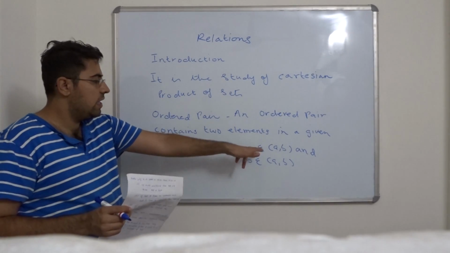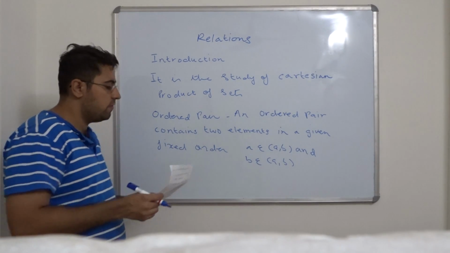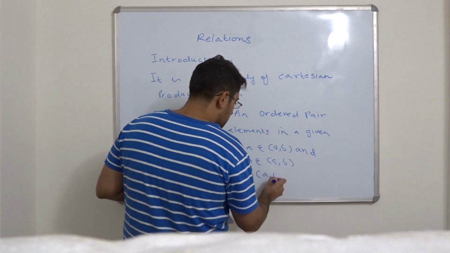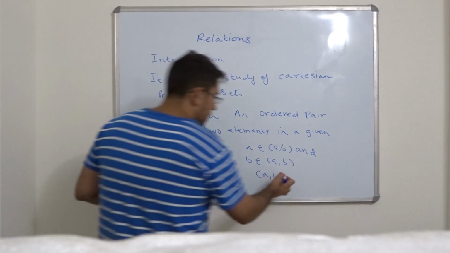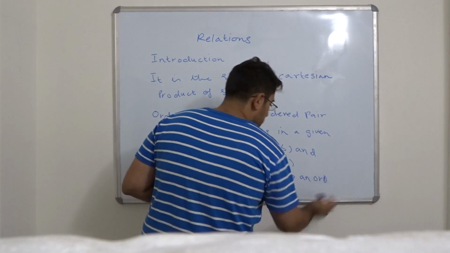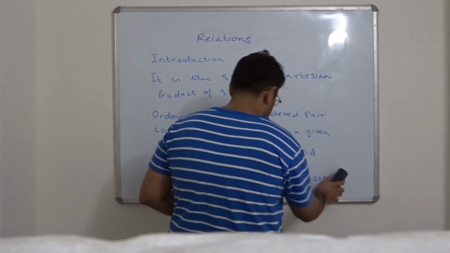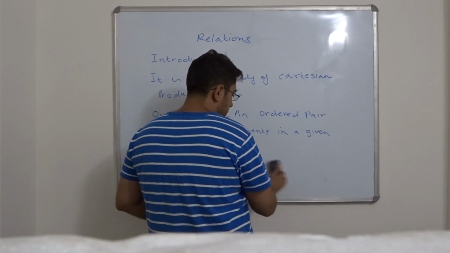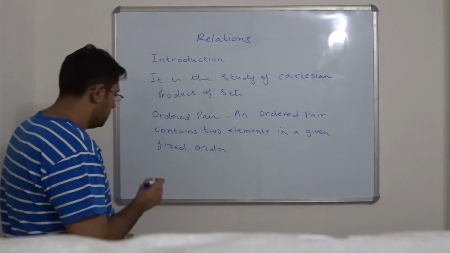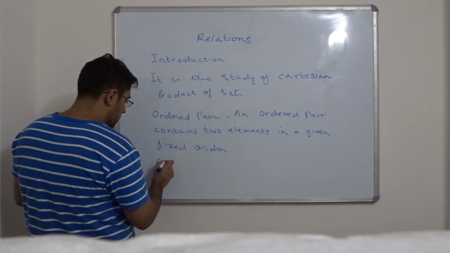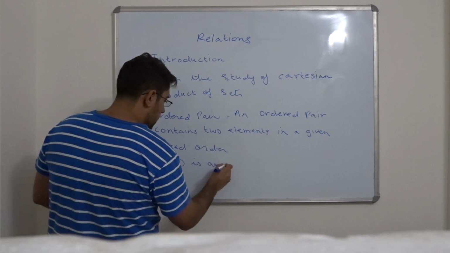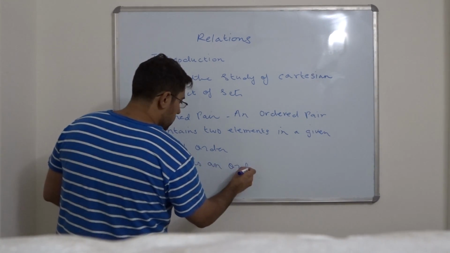If A is an element of AB and B is an element of AB, then the set A and B is an ordered pair.